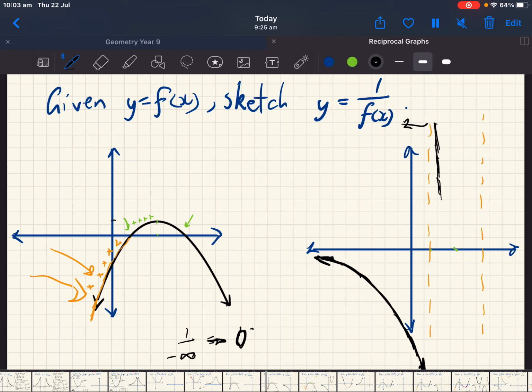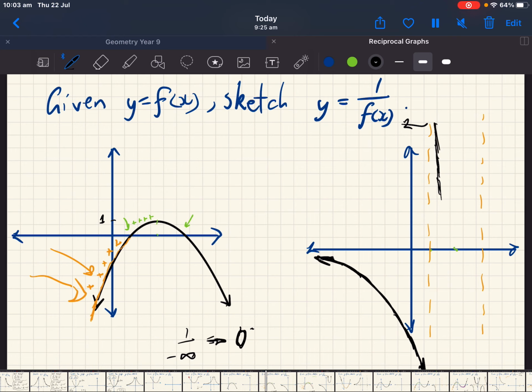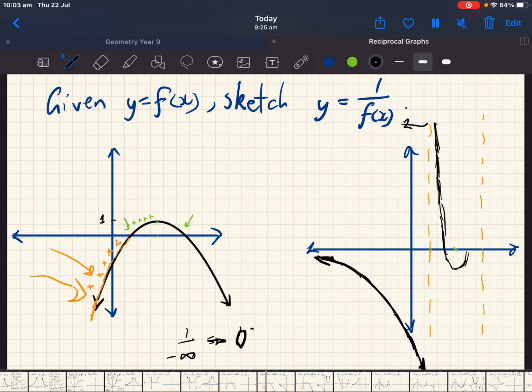We know with a vertical asymptote, you're either coming down from positive infinity or up from negative infinity. Our reciprocal needs to be decreasing because f of x was increasing, so we know it has to be coming down from infinity.